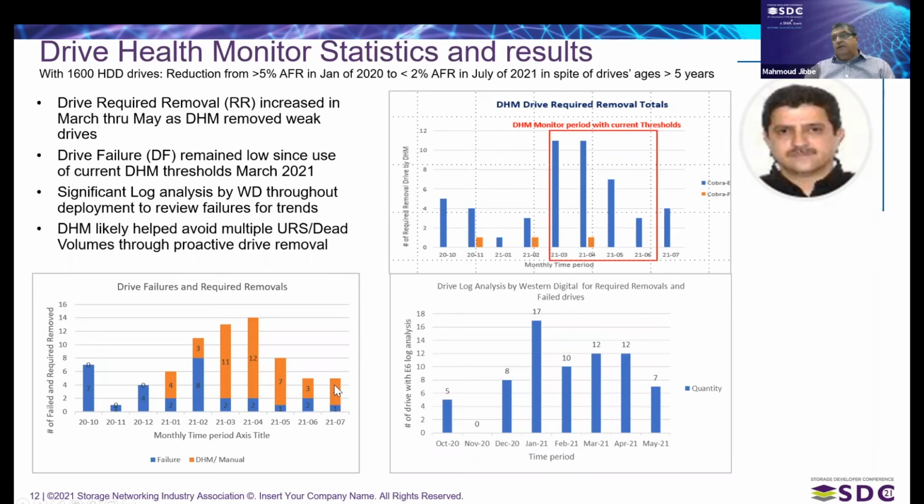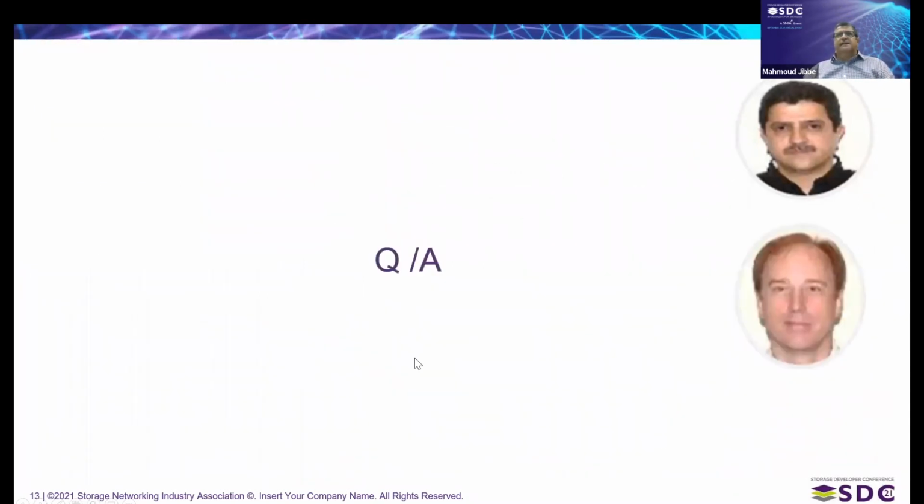We expect the failure rate to continue, but at a much lower annual failure rate than what we started with: greater than 5%, now less than 2%. The failures will continue because the drives are greater than 5 years old, but in a much more controlled environment. This is what we have.